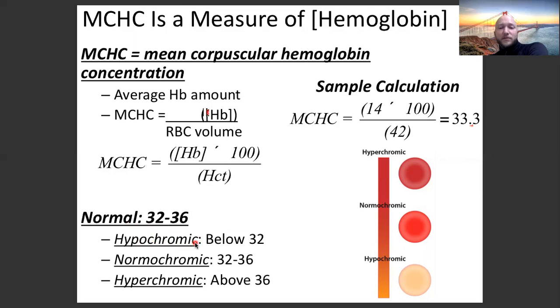Chromic is like color. So there's not enough hemoglobin. It doesn't have enough of that red color. It's hypochromic. Normochromic is going to be normal color. Hyperchromic is going to be above 36. Too much hemoglobin. It's too red, too dark.